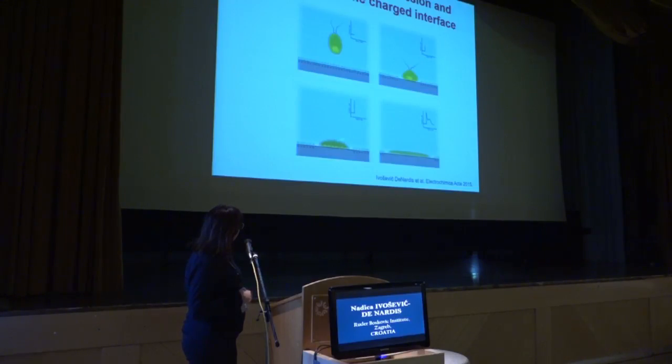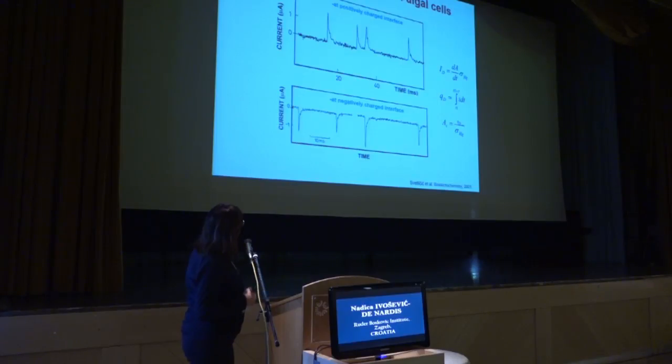We have macropores at the cell membrane, and the intracellular material is further released over the interface and displays more charge, which we register as the descending part of this signal. So this is the amperometric signal of the single cell.